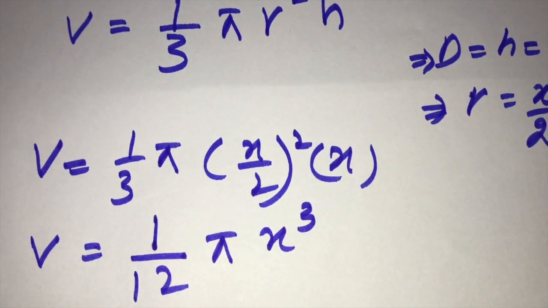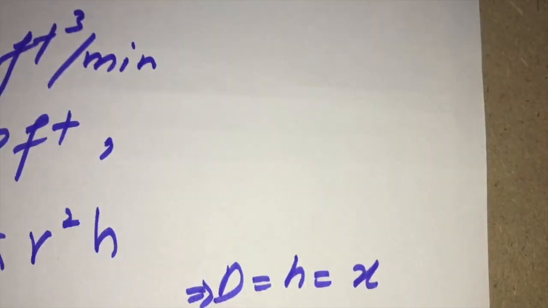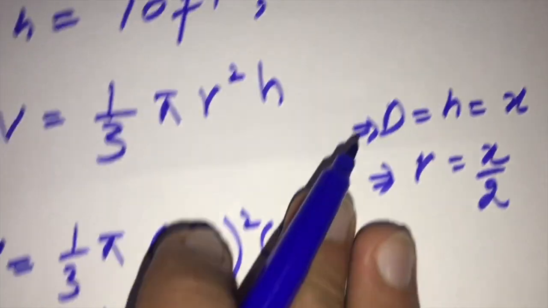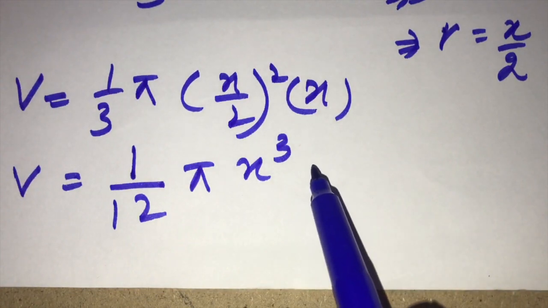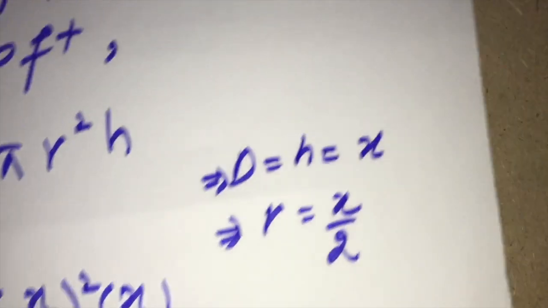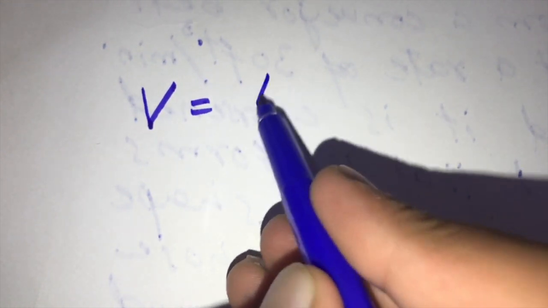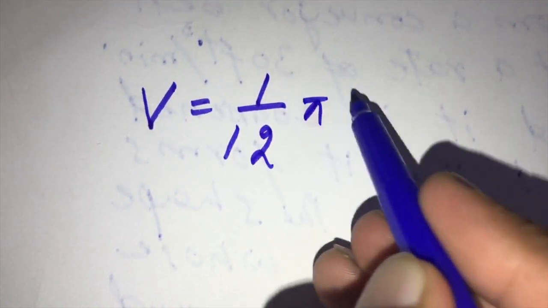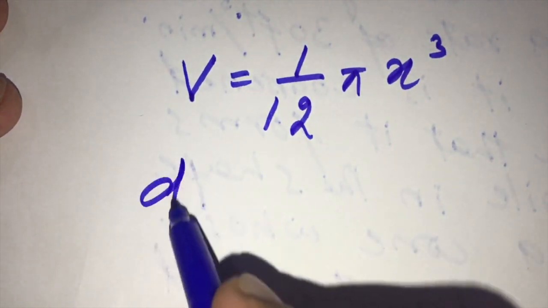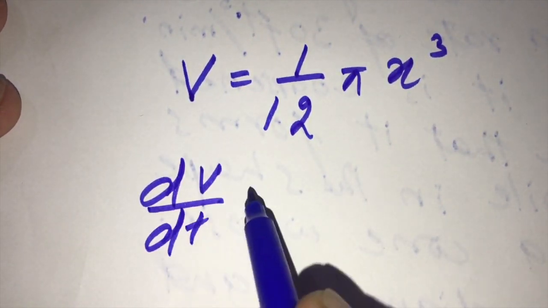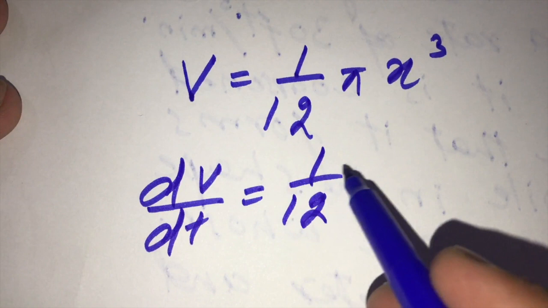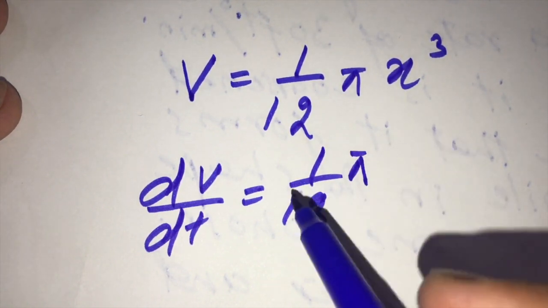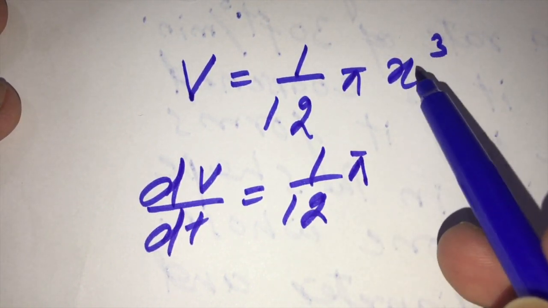Now take the derivative with respect to time. Name it as equation 1. Our equation is V is equal to 1 by 12 pi x cube. Take the derivative: dV by dt is equal to 1 by 12, which is constant, pi is constant, take them out and take the derivative of x cube.